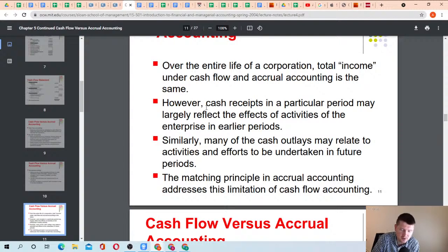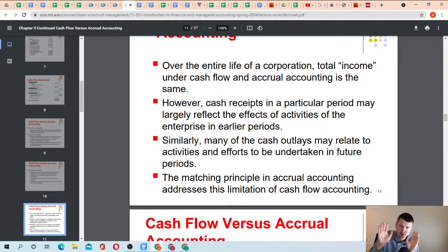However, cash and accrual basis will reflect differently in different periods, because if you remember the operating cycle, your cash outflow happens at the beginning of the operating cycle, then you recognize the expense, earn revenue, receive payment, and at the end you get cash.